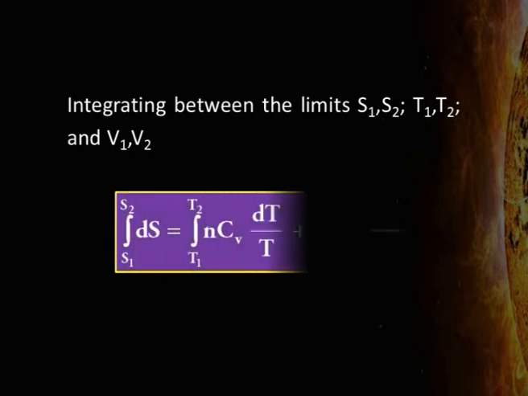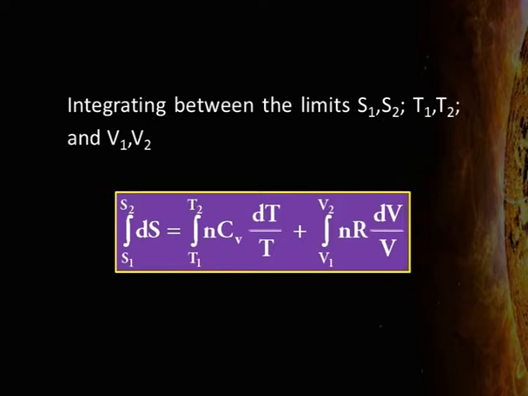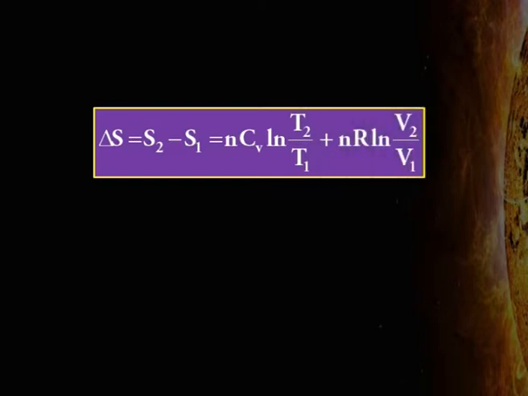Now, integrating between the limits S1, S2, T1, T2 and V1, V2, we will have integral of dS within the limits S1 and S2 equal to integral of nCv dT divided by T within the limits T1 and T2 plus integral of nR dV divided by V within the limits V1 and V2. Or we can say that delta S, which is equal to S2 minus S1, is equal to nCv natural log T2 divided by T1 plus nR natural log V2 divided by V1.